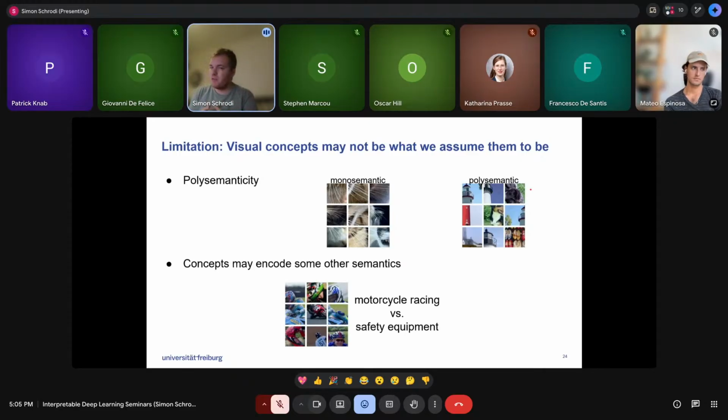And the other thing is that sometimes we also don't know what the concept may include. If you look at the first 6 images, or even 7 images, okay, I think this is a cyclist too. So in the first 6, you could say, oh, maybe this is motorcycle racing, right? But then you look at the top 7, 8, 9 images, and all of a sudden you see a cyclist, 2 cyclists, and a baseball player. So maybe this corresponds to safety equipment.